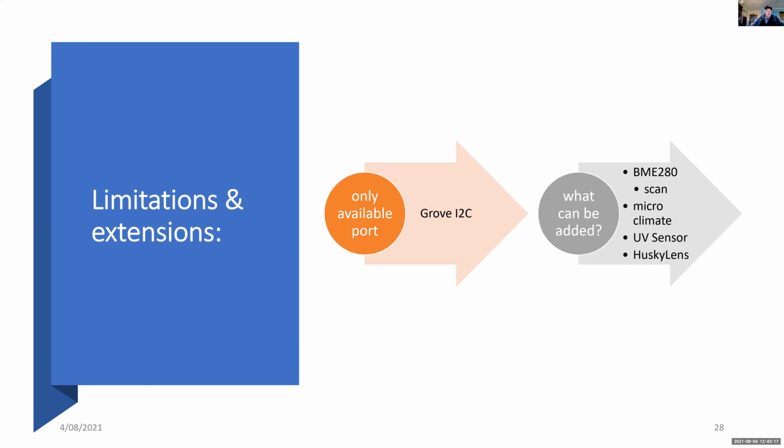You could put a UV sensor on, or better still, if you wanted to do some artificial intelligence with a camera, you could use the Husky lens from DF Robot, which is both UART and, more important for this project, or for Bitcar, it also supports the I2C port.